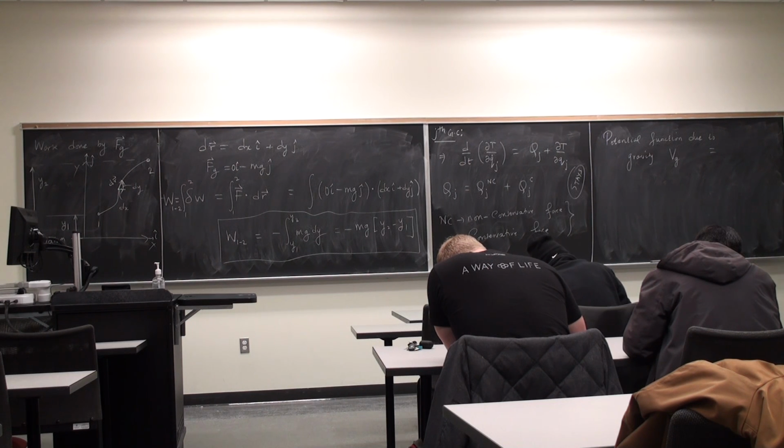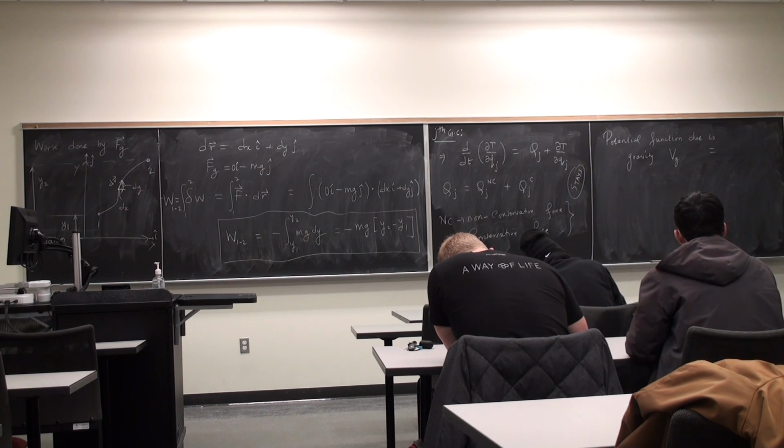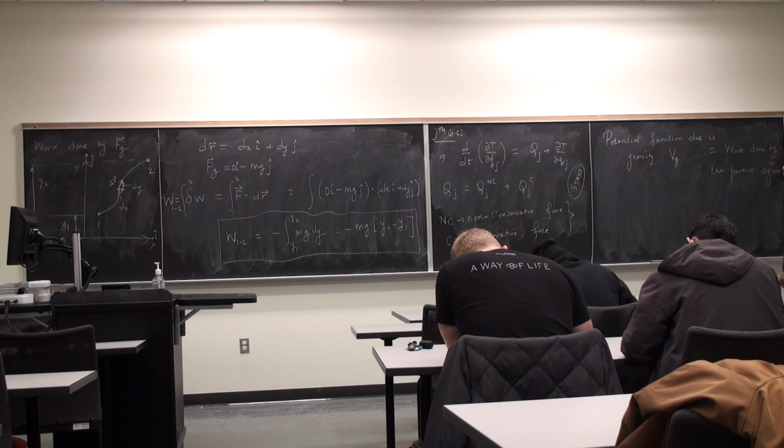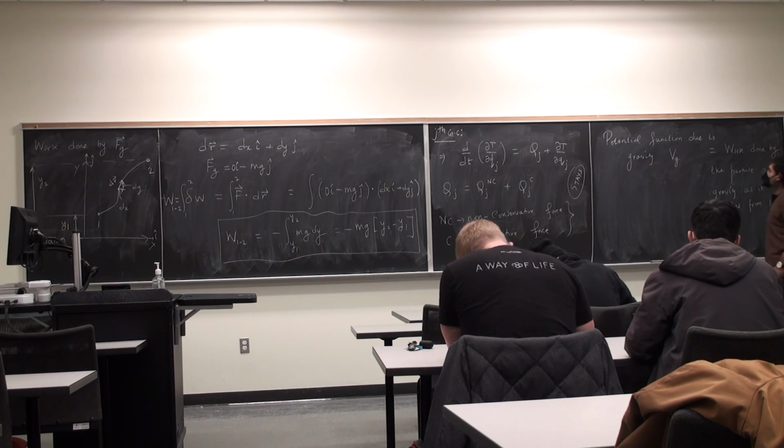as the work done by the particle against the conservative force as the particle goes from 1 to 2. So this is the work done by the particle, importantly, against the force of gravity, against the machinations of gravity, really, as it goes from position 1 to position 2.